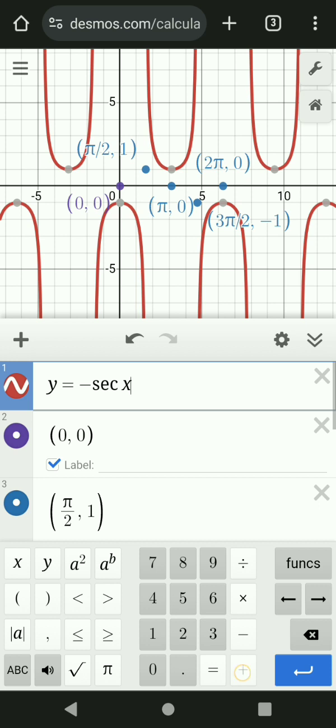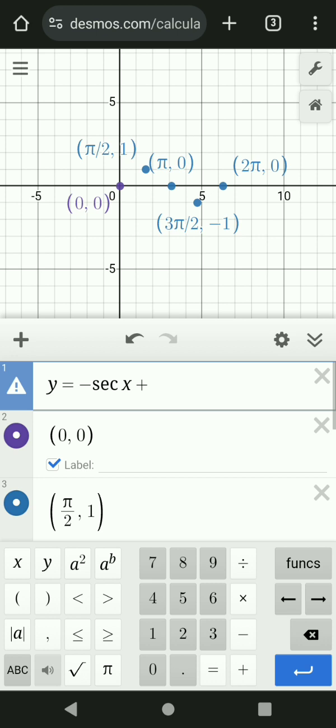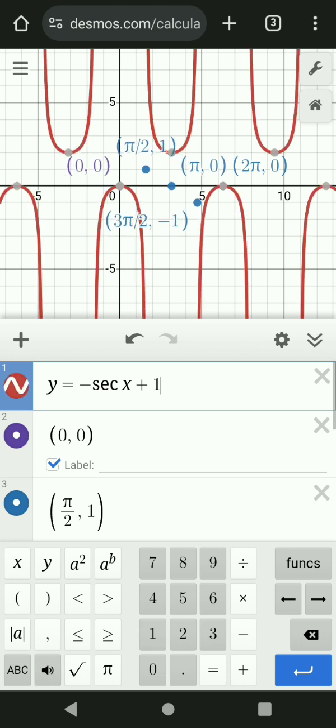What if we manipulate its domain? Add 1. What happened? It moves 1 unit upward, 1 unit upward.